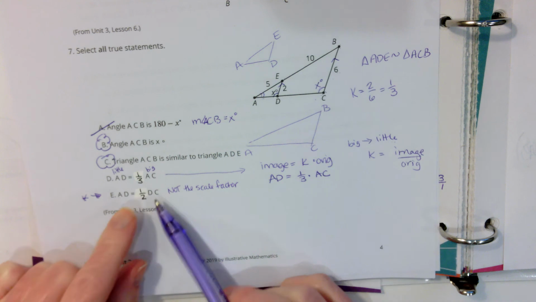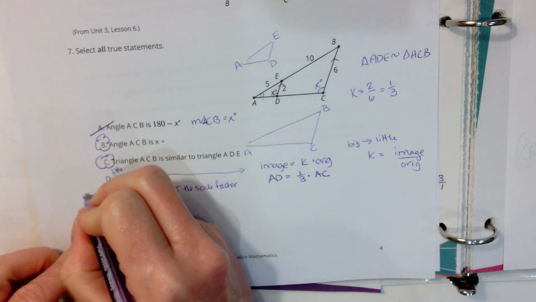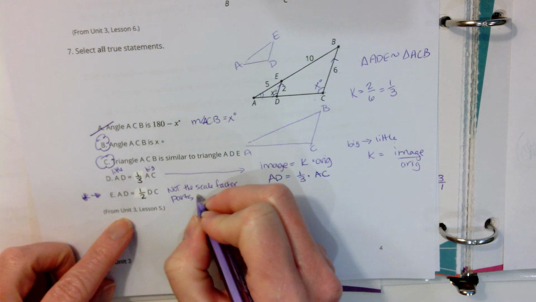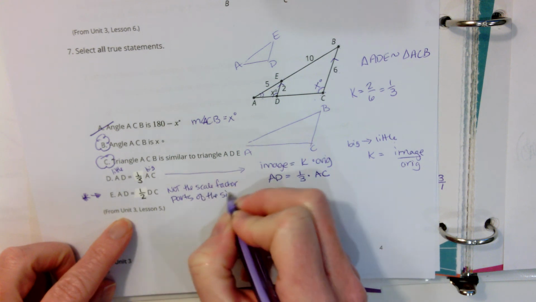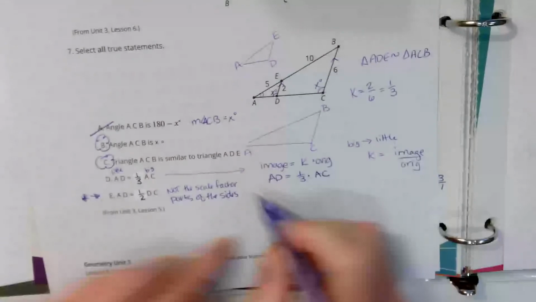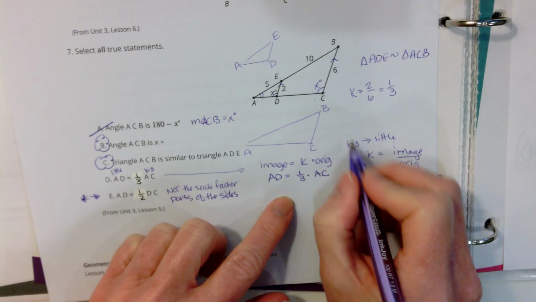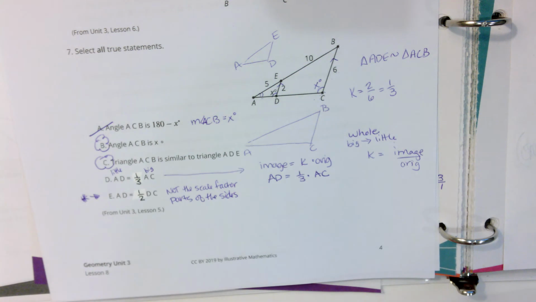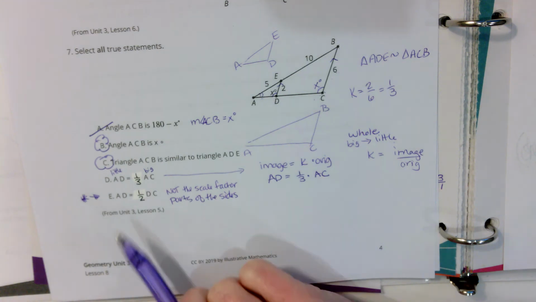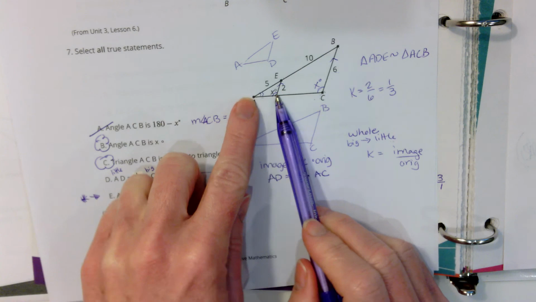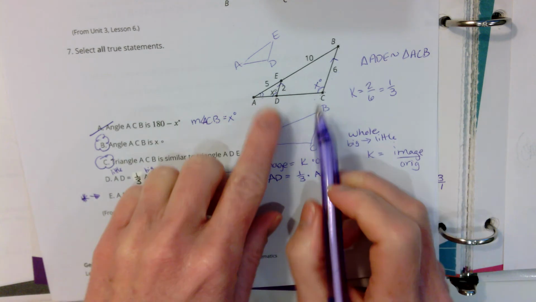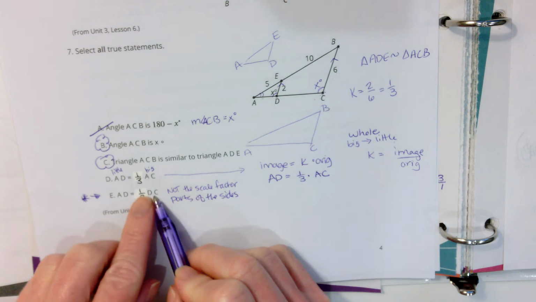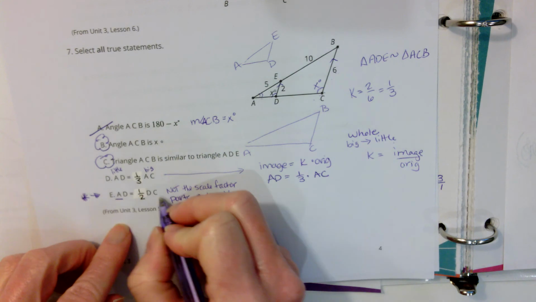But this problem, E, is actually talking about the parts of the sides. In number 3, we were talking about the whole big triangle and the whole little triangle that you see on the paper. Here, AD is this little part, and DC is a part. DC is not even the side of a whole triangle. This is a part, and this is a part.